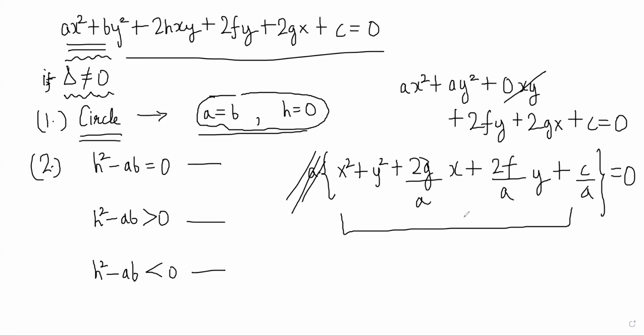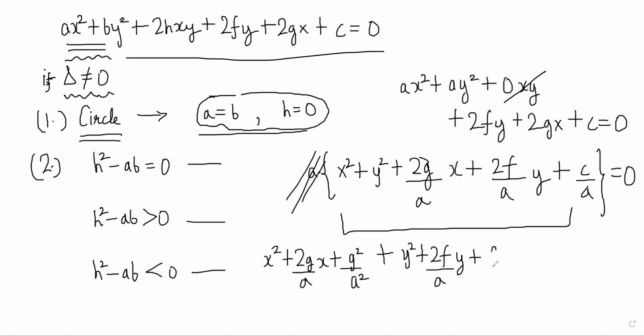And this equation is a circle equation because we can use the completing the square method. We can say x square plus 2g by a x, let's add g square by a square to it, plus y square plus 2f by a y, let's add f square by a square to it. Then we subtract c by a, g square by a square, and f square by a square, equals 0.